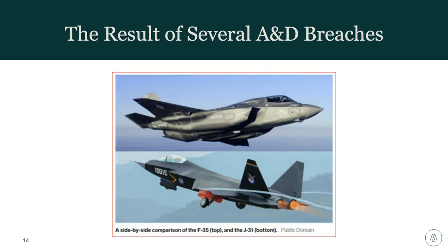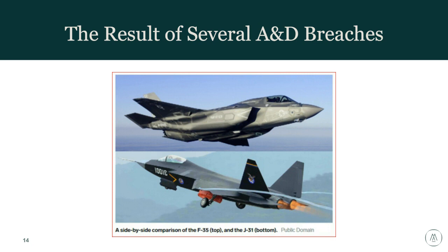I was hinting that there was a direct result of several of our RSA-related breaches, or the RSA breach that then resulted in multiple downstream breaches. And there's no surprise for all of us in the A&D complex that the J31 looks and performs and has similar specifications as the F-35.